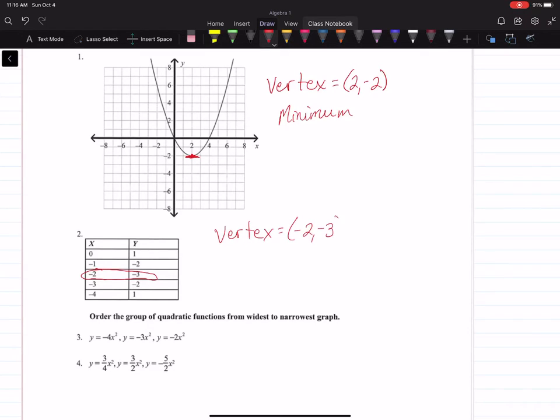That's (-2, -3). And since these numbers here are bigger than this one, this is also a minimum. This is the lowest y ever gets, -3, so it's a minimum. If it had been the biggest y it had ever gotten, it would have been a maximum.